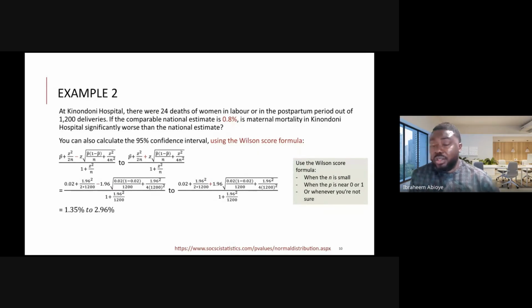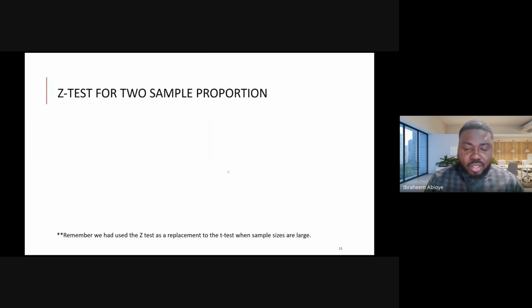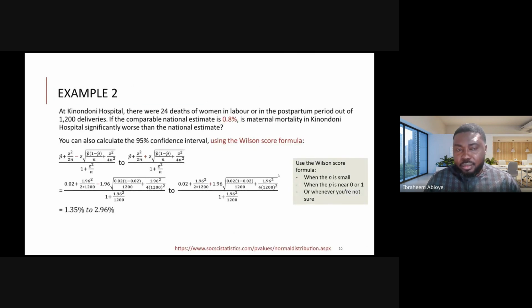Yeah, very good question. So one way to know which one to do is actually what this table is showing you. If you have a small sample, 25 people, small samples, usually we say less than 30.